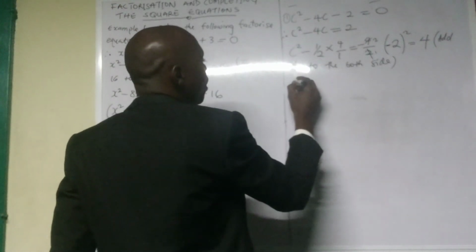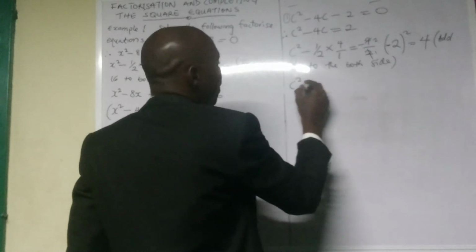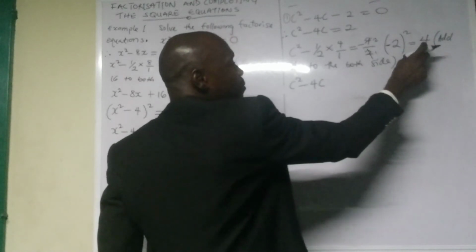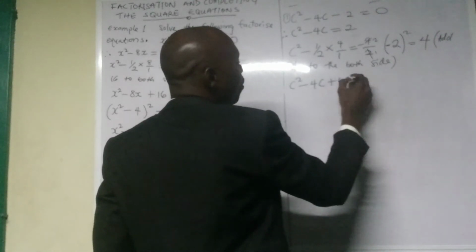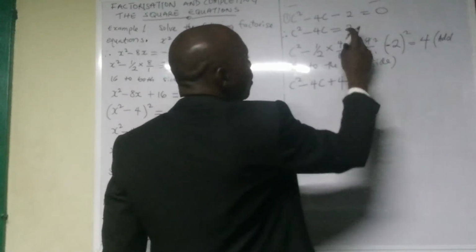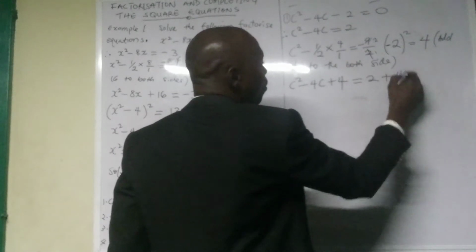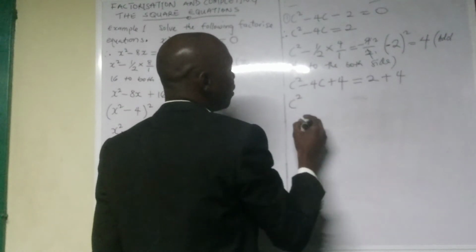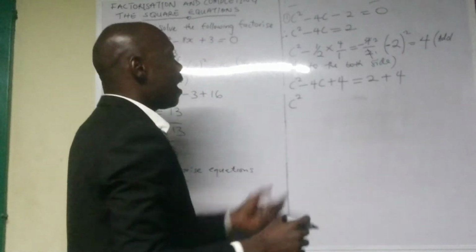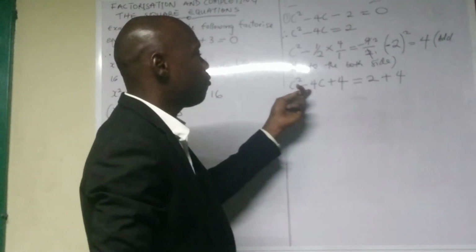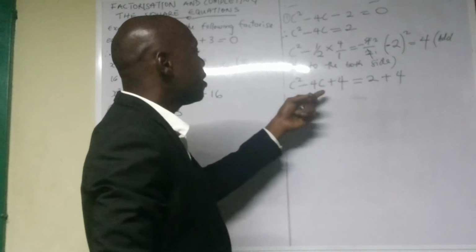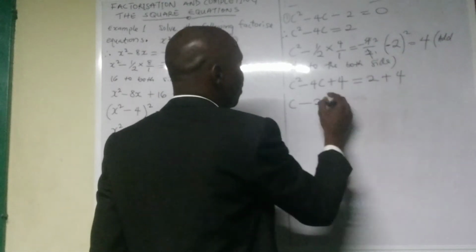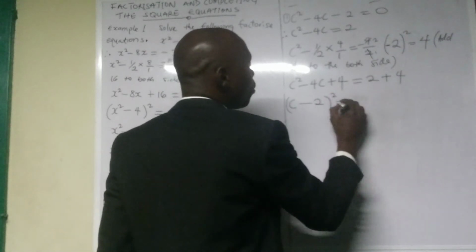It now becomes c squared minus 4c, the half of this one, plus 4 equals 2 plus 4. So from here, we continue. We will look for the half of this first before we move further. The half of this will give us c minus 2 that we have here, close bracket squared, equals 2 plus 4.